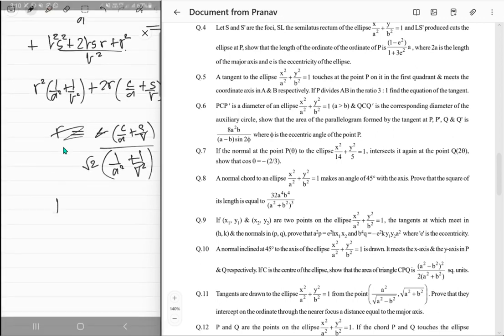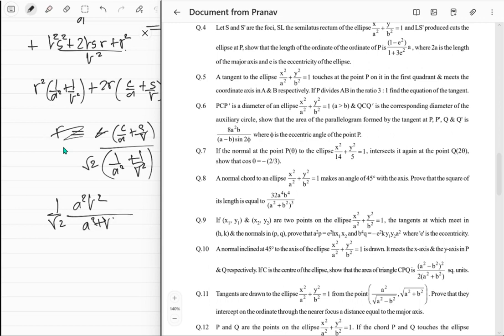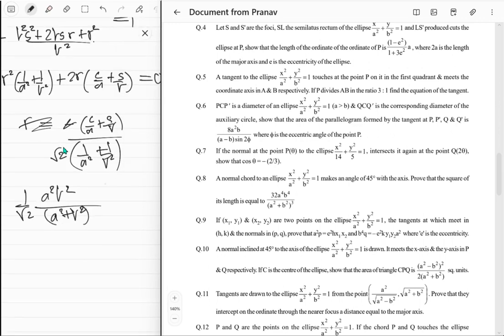So 1 upon square root 2, this goes up, a square b square upon a square plus b square, and then this whole thing is supposed to be 2 upon square root of a square plus b square, right? Oh, it should be negative 2 right there. Sorry, because that went like that, right? Okay, cool. So actually it's supposed to be 4 upon that. Makes sense, I guess. And we just have to prove that this is a thing.